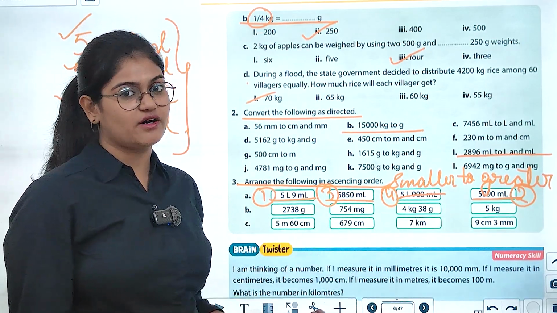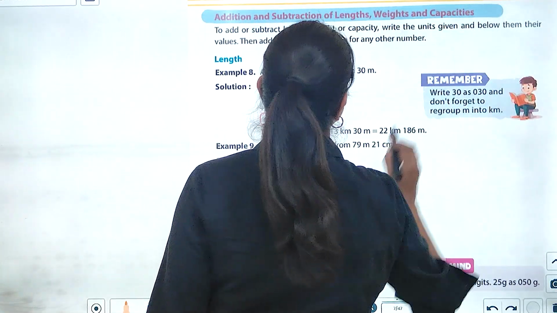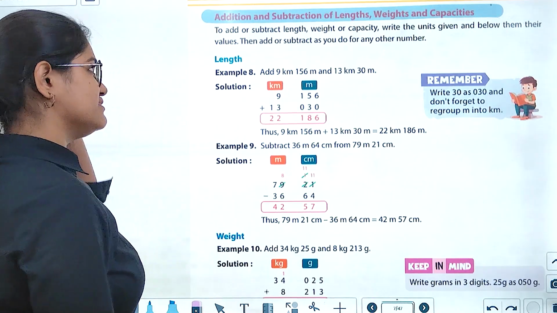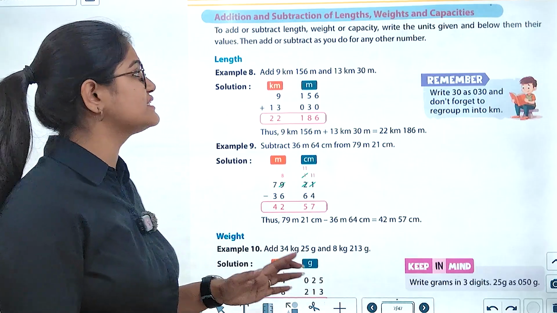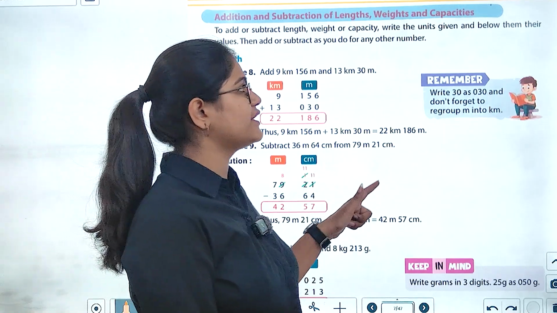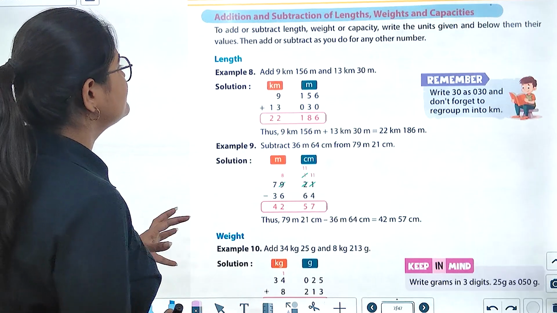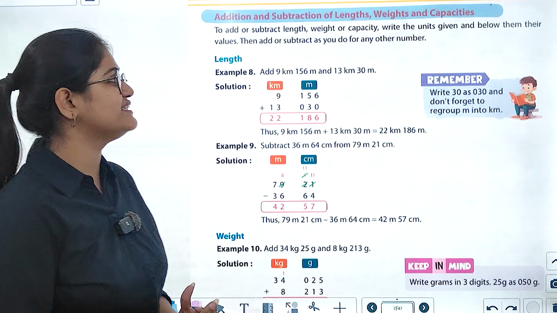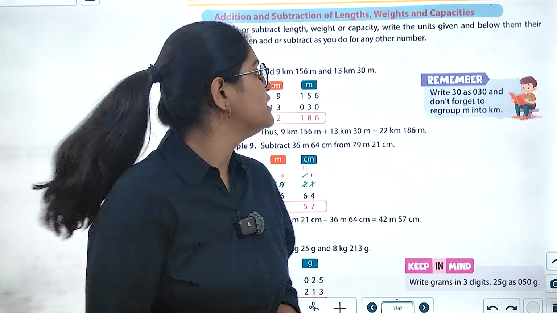Next topic that we have is addition and subtraction of lengths, weights and capacities. So let's quickly see addition and subtraction of lengths, weights and capacities. So now let's see how we can add or subtract these, right?